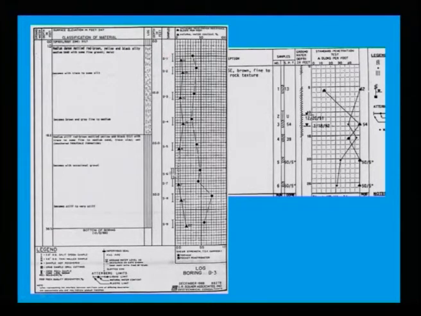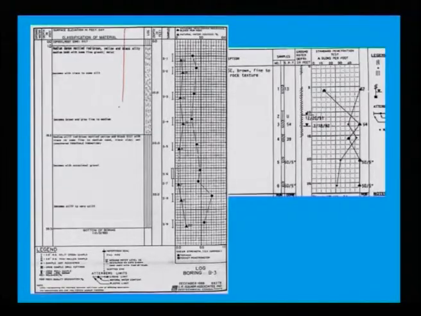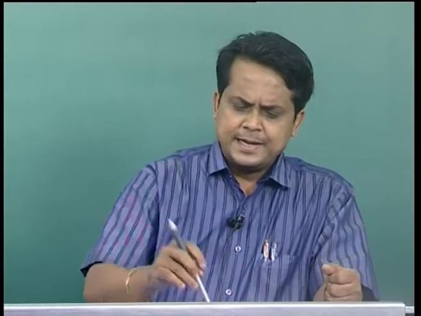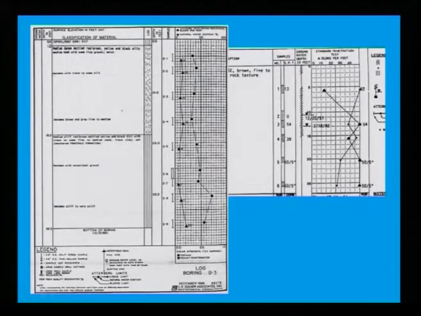On the right side, natural moisture content versus your SPT value, the variation of SPT value, instead of writing N, the penetration value. If you show the variation of penetration value along the depth along with the natural moisture content you collect, that will be great, particularly as you can decide where you can lay your foundation.